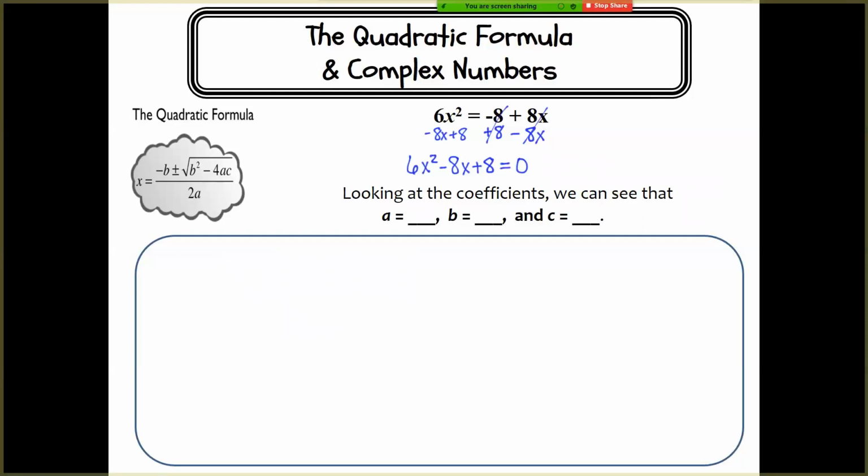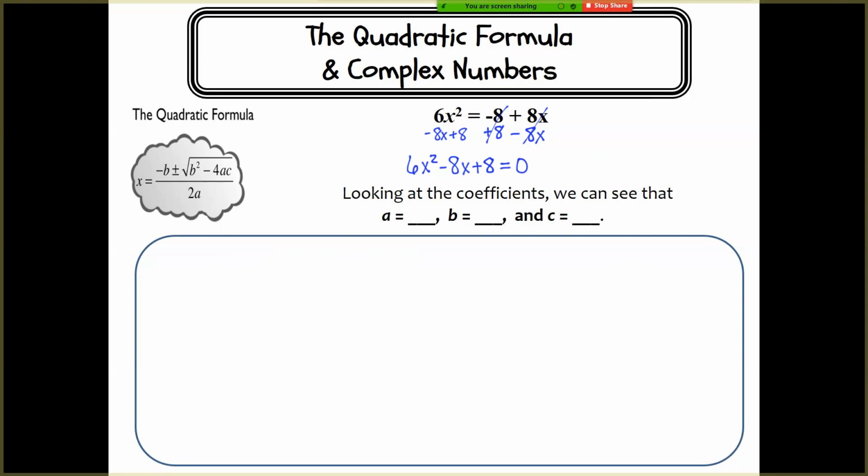So when I do that, I get 6x squared minus 8x plus 8. We always want to write in standard form. X squared should always come first, then your linear term with just the x, and then your constant to follow.